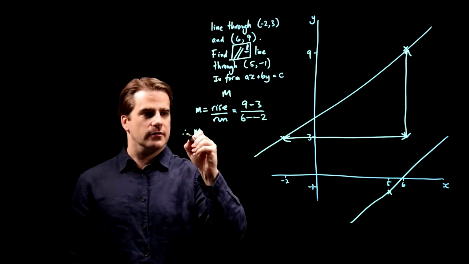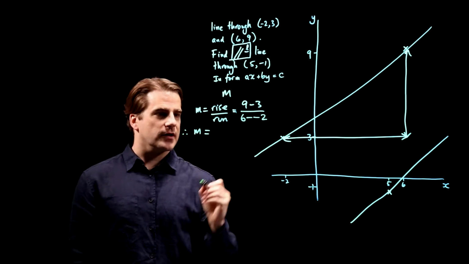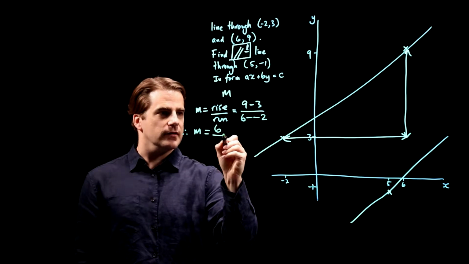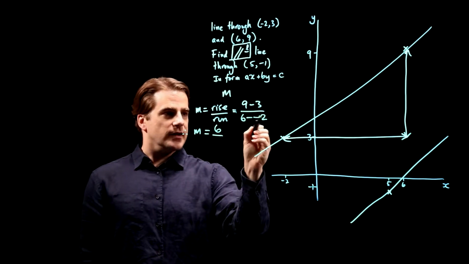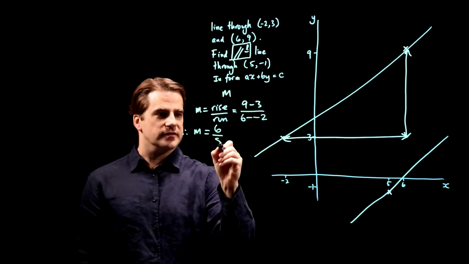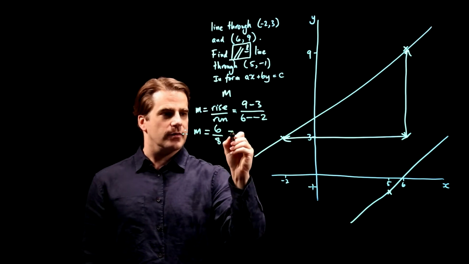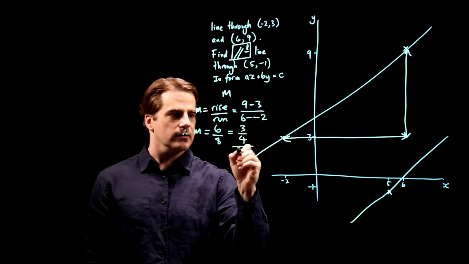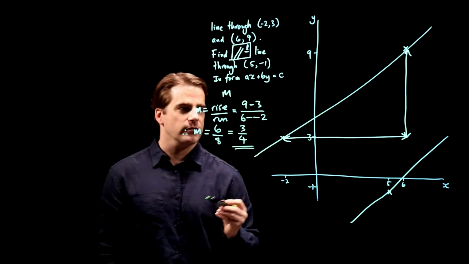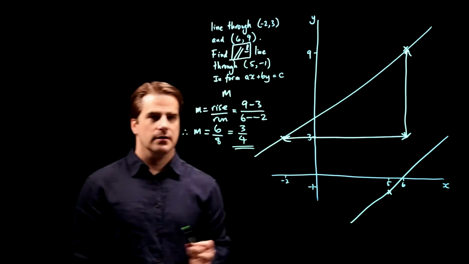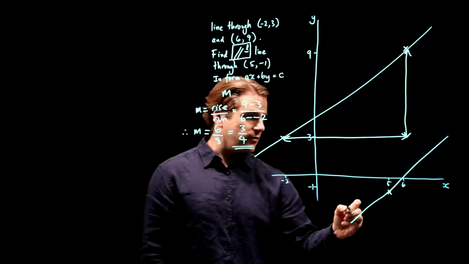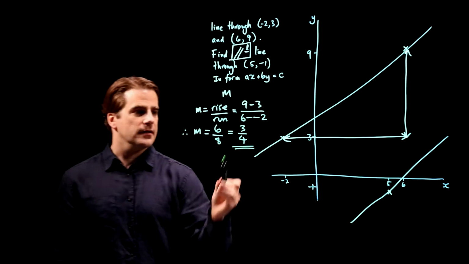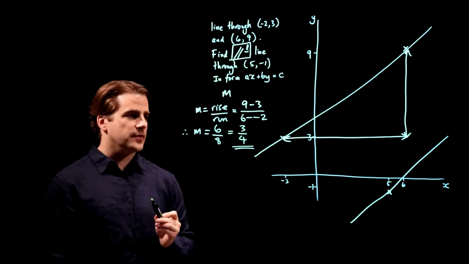So therefore m is 9 minus 3, which is 6, over 6 minus -2, which is 6 plus 2, which is 8. Simplify, and it's 3/4. Okay? So, we found the gradient of the original line, and therefore we have the gradient of the new line. It's also 3/4, because they're parallel.